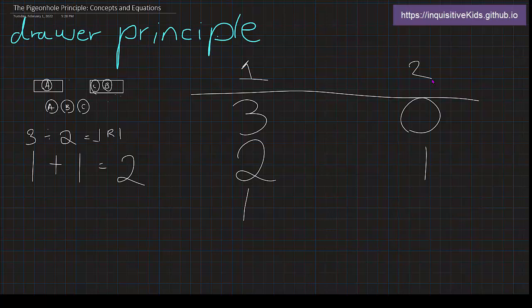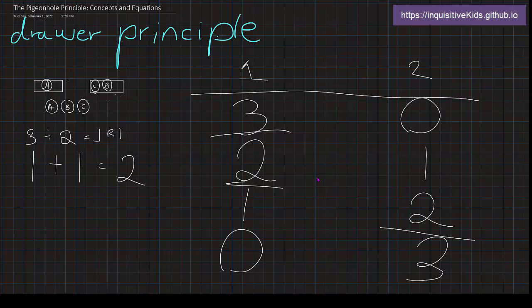Then 1 pigeon in hole 1 and 2 pigeons in hole 2. Or no pigeons in hole 1 and all 3 pigeons in hole 2. So let's first look at the largest number of each pair. That would be 3, 2, 2, and 3. These are all at least 2.